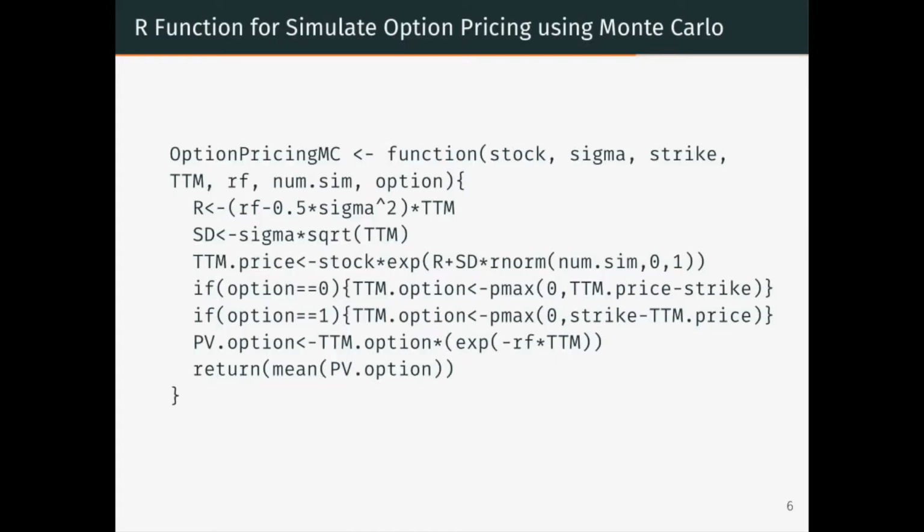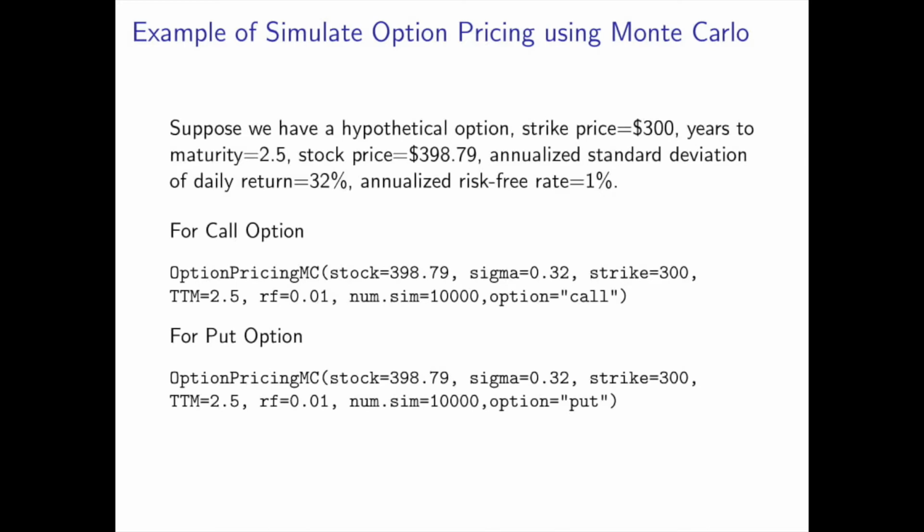We can also calculate the confidence interval of our estimation by using the mean of our PV.option sequence plus and minus the standard deviation of our PV.option sequence over square root of n, where n is equal to the length of the PV.option sequence.